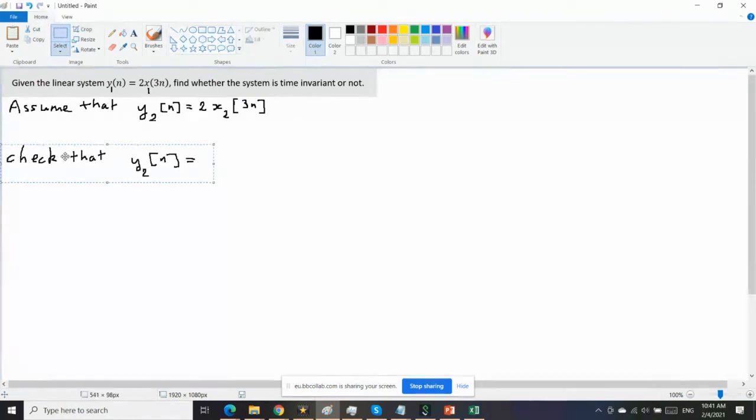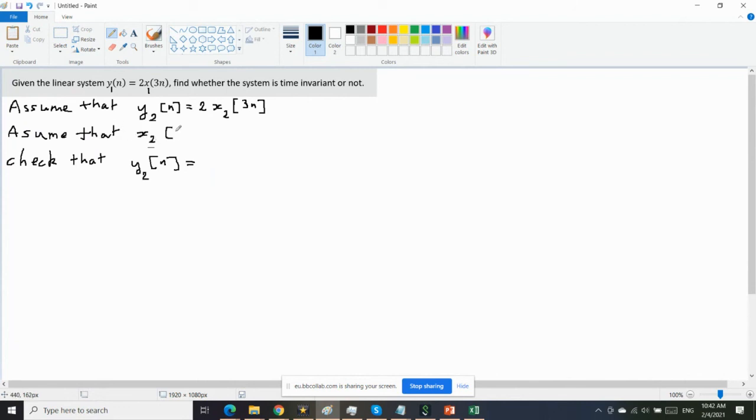We also assume that x2 is a shifted version of x1, meaning x2 equals x1 shifted with some shift n0. So check that y2 is also a shifted version of y1. That means time invariant. So I have the right-hand side and left-hand side. So, proof.